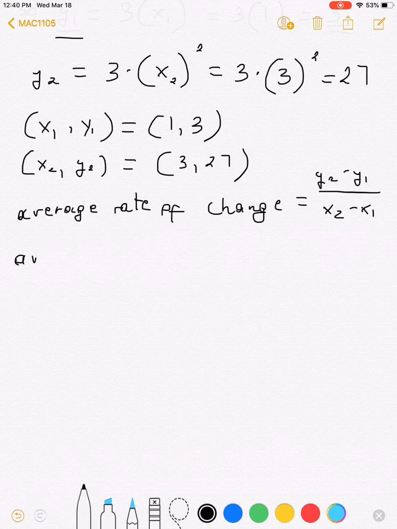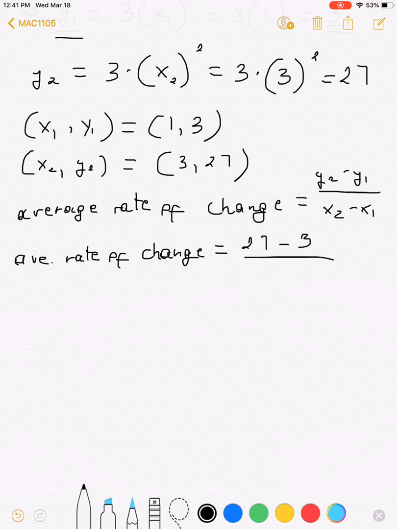So again, average rate of change equals y2, which is 27, minus y1, which is 3, divided by x2 minus x1, which is 3 minus 1. And we're going to end up with 12.